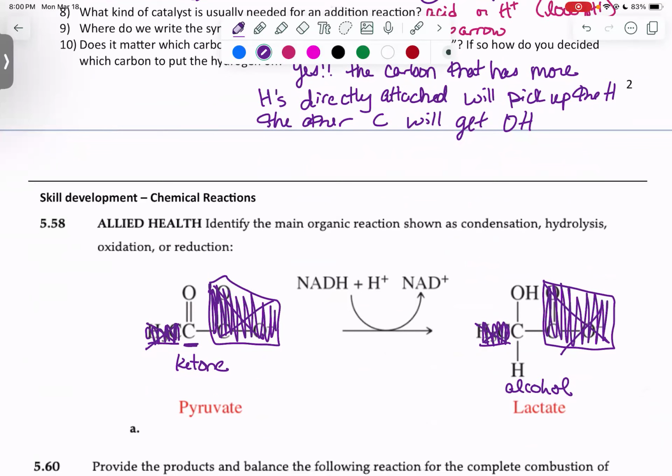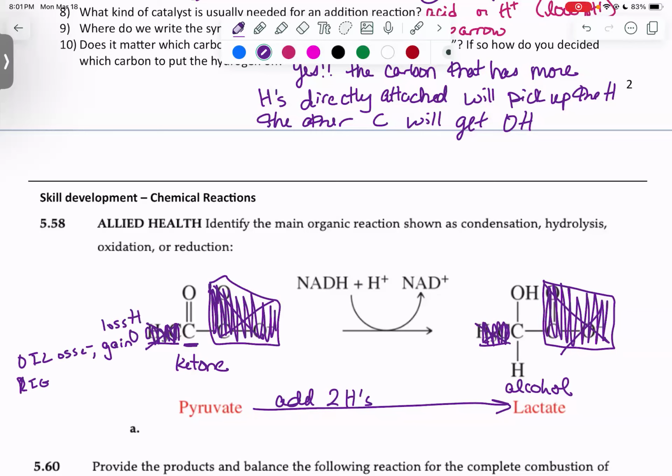As I go from pyruvate to lactate, what changed? Well, I didn't change my number of oxygens, but I did add 2 hydrogens. So remember your oil rig. Oxidation is loss of electrons, gain of oxygen, loss of hydrogen. Reduction is gain of electrons, loss of oxygen, gain of hydrogen.